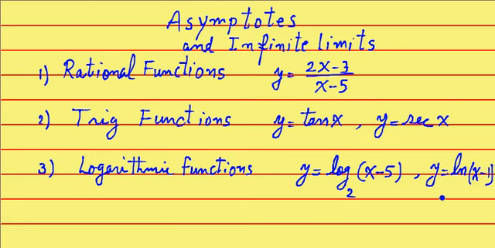Okay, what is involved in any of these functions? They have the property that when x approaches a certain special value, the value of y goes to infinity or minus infinity.